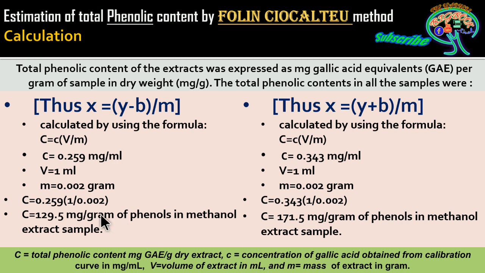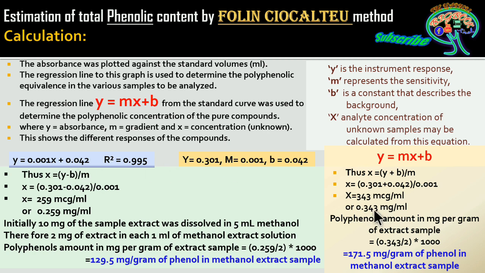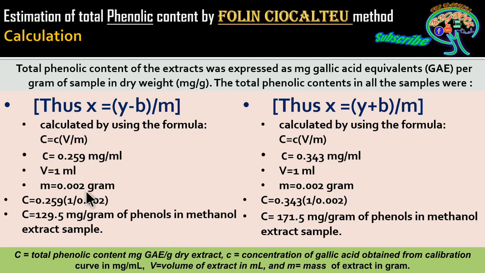The volume of extract is 1 ml. So whatever volume of extract we have taken is 1 ml. So in the formula, V is equal to 1 ml, and c is equal to 0.259 milligram per ml, that is the gallic acid equivalence, milligram per ml.